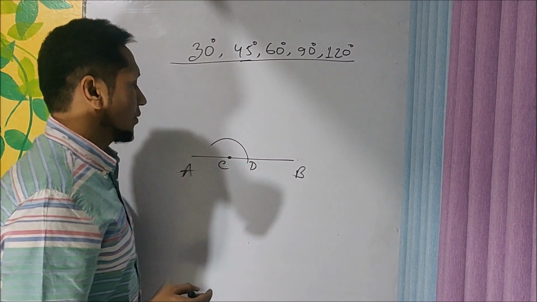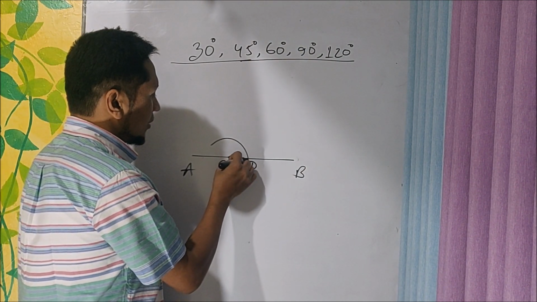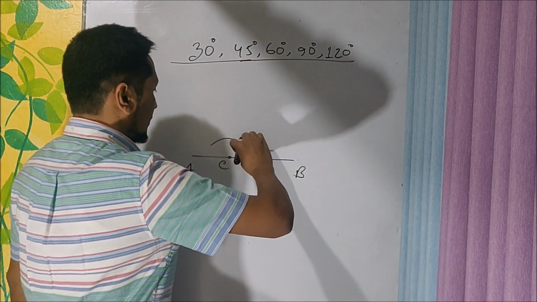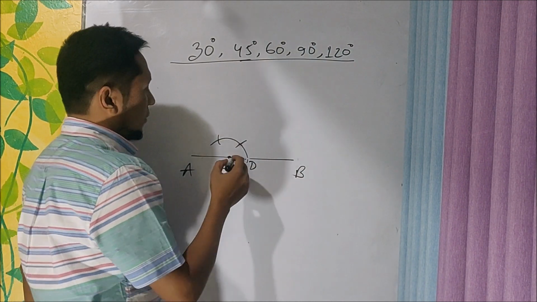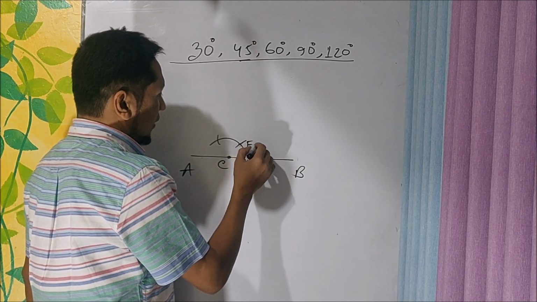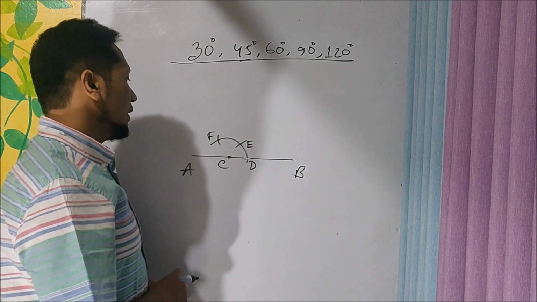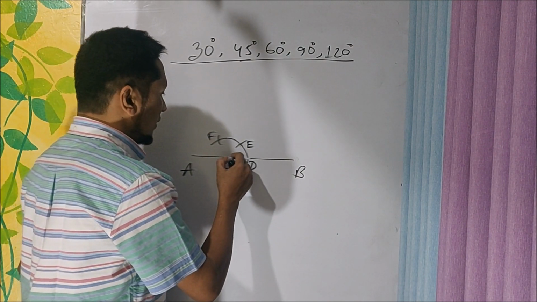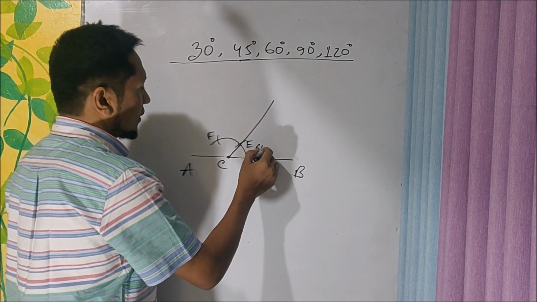Centering at D, taking the same radius, we will draw another two arcs, 1, 2. Let us consider these two arcs named E and F. If we join CE and produce it, the angle will be equal to 60 degree.